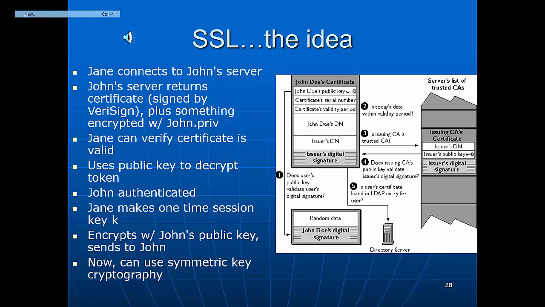So this is a session key, K, and it encrypts it with John's public key and sends it to John. And at this point, that key that was created at that moment is unique for that time session between Jane, or her Chrome browser, let's say, and John, or really his web system.